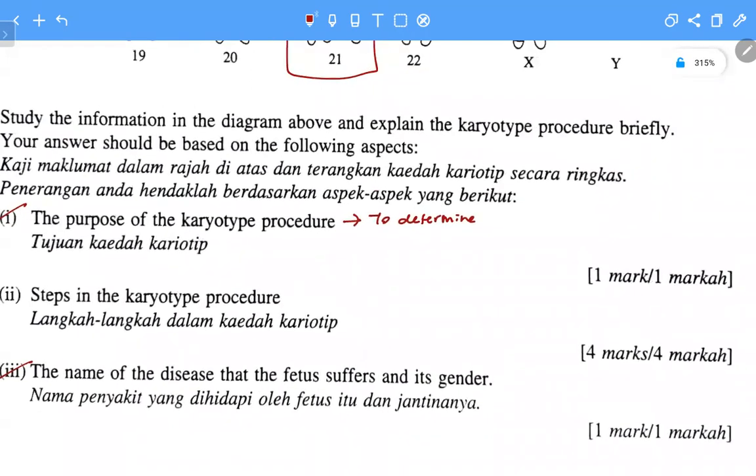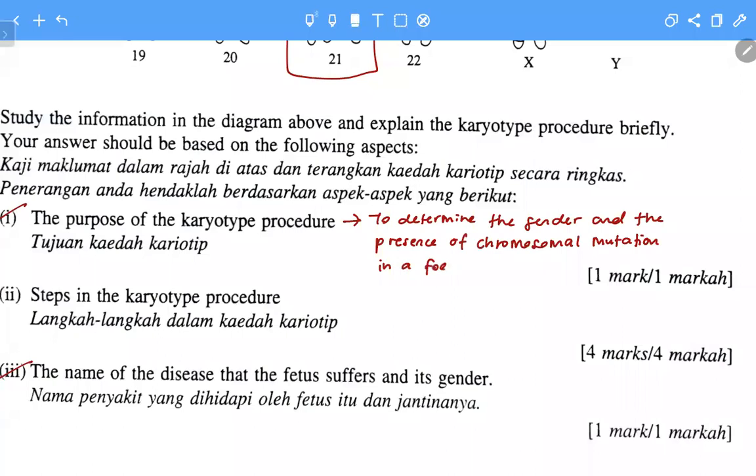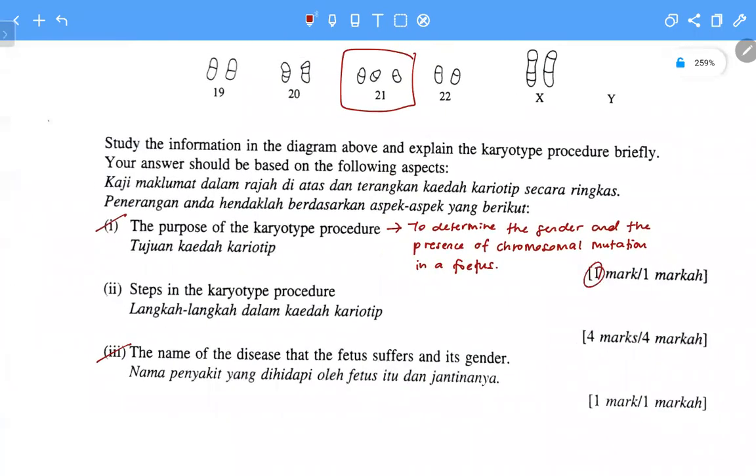Or you can just say to determine the gender and the presence of chromosomal mutation in a fetus. That's the answer. Okay, 1 mark done.